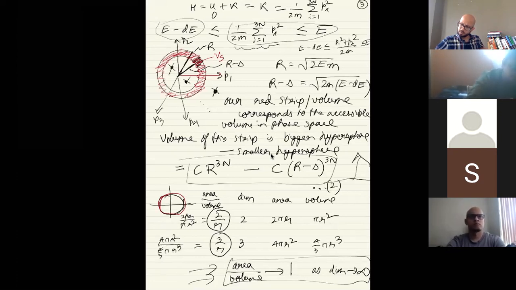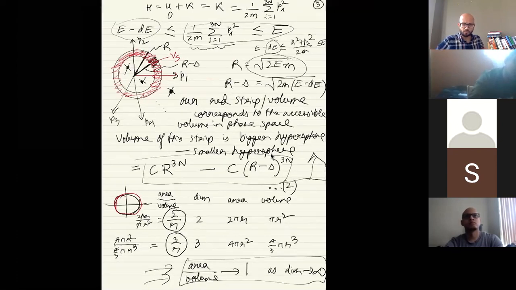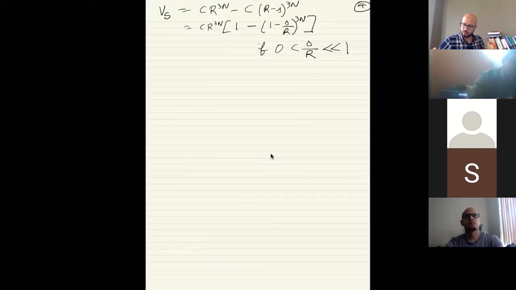S is dE, and the radius is square root 2em. Okay, so just hold on with me for a moment, and then the math will start to fall in place. If 0 is less than s by r, which is much smaller than 1, then this expression can be approximated. We can write it as c r to the power 3n, and this power that we have over here can be written as 1 minus e to the power minus 3ns by r, right?